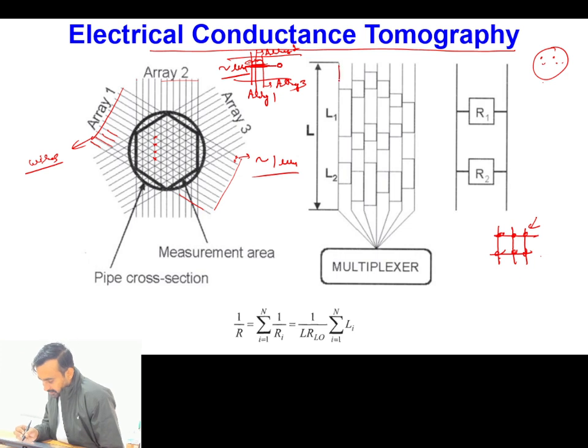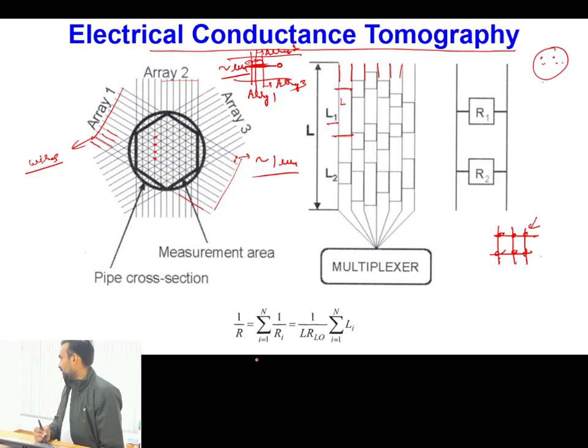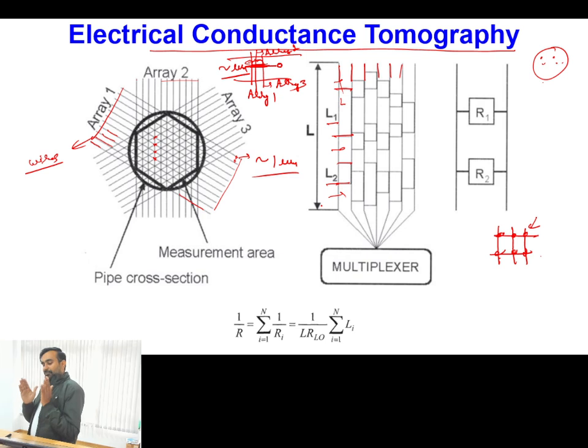Here you can see this is the spacing between the wires, and in some portion of the wire you have liquid contact up to length L1, then in the remaining portion you have liquid contact up to length L2, and in between you have gas contact. Now in between the two wires, depending upon the liquid fraction and the gas fraction, the resistance of the circuit can be defined. Is this point clear?